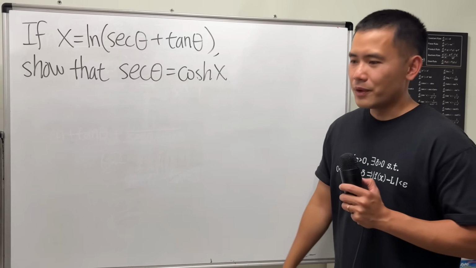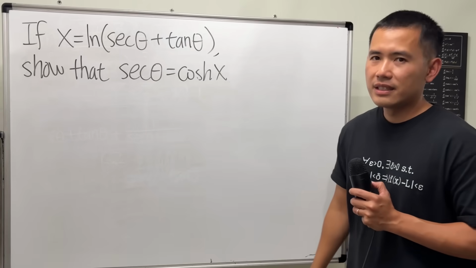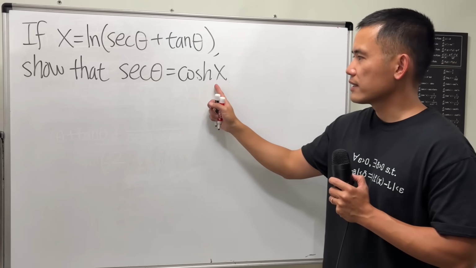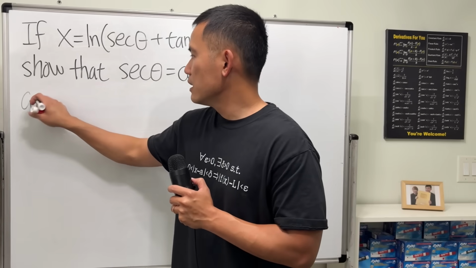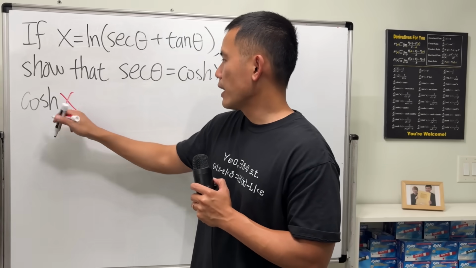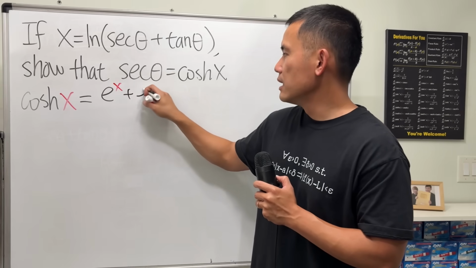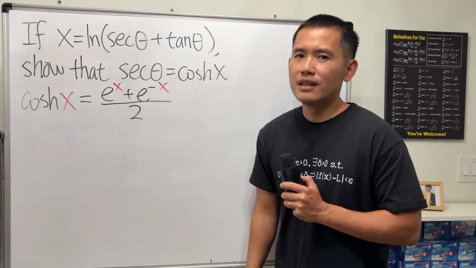Okay, so it was hard for me because I was trying to go from secant theta to cosh of x. The truth is, this is so much easier if you go from cosh x to secant theta. Let me show you. Firstly, cosh x, you can write in the exponential form, which is e to the x plus e to the negative x over 2. That's the key. Why?